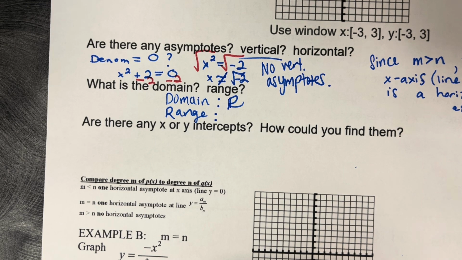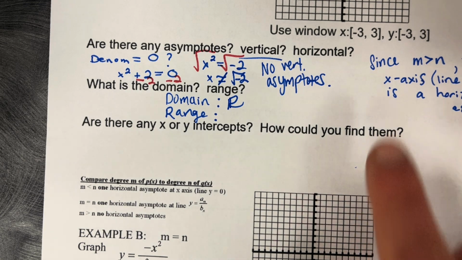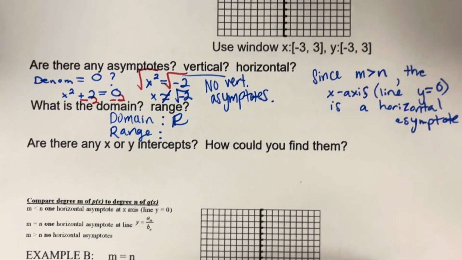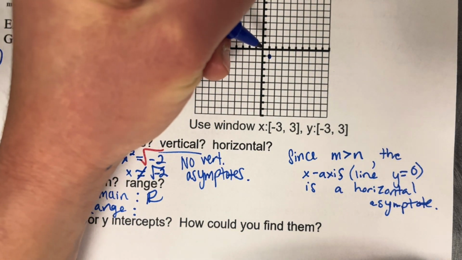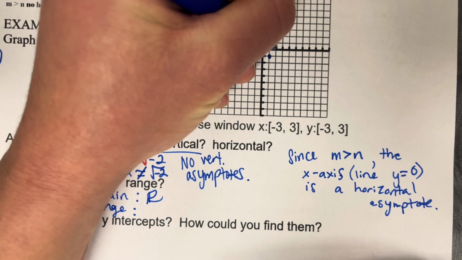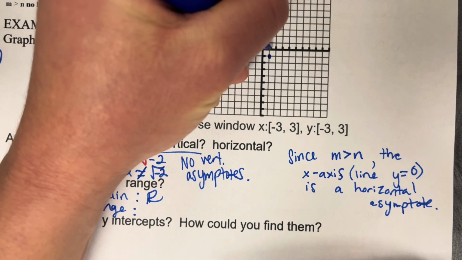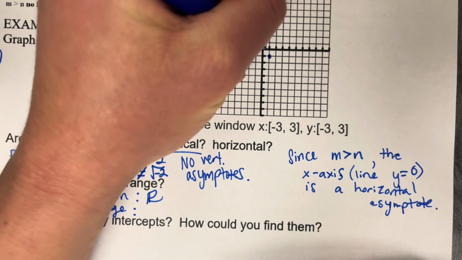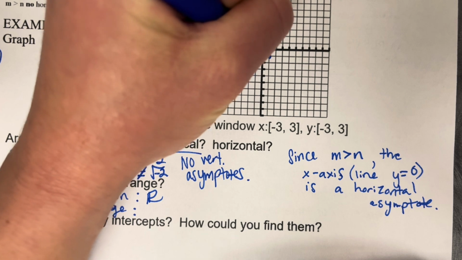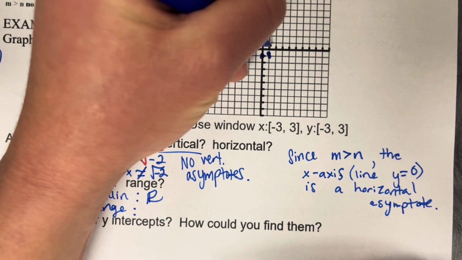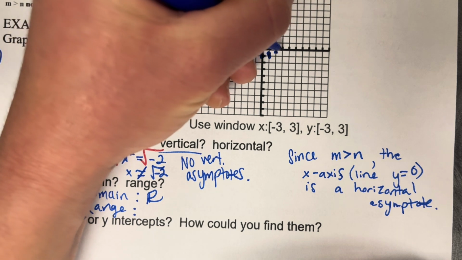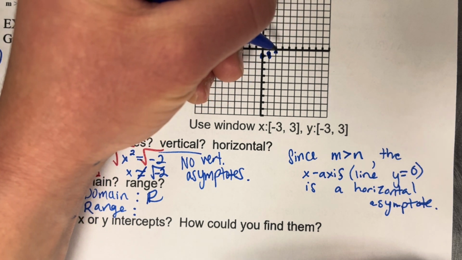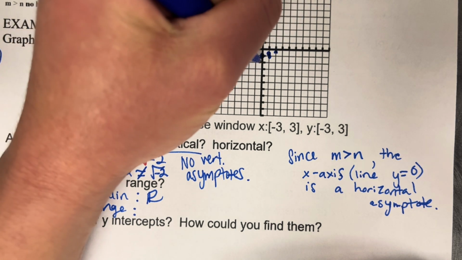And it says to do a window from -3 to 3. So we have 0, -1 as one of our points. 1, 2, -2/3. 2, -1/3. And then we notice as we keep going, we'll never get to 0.